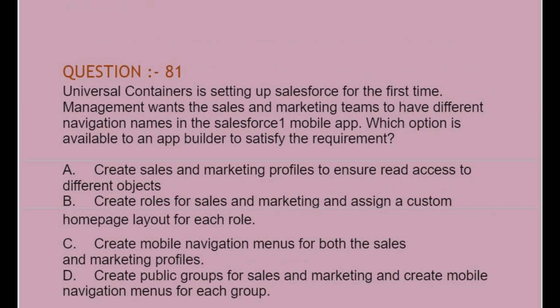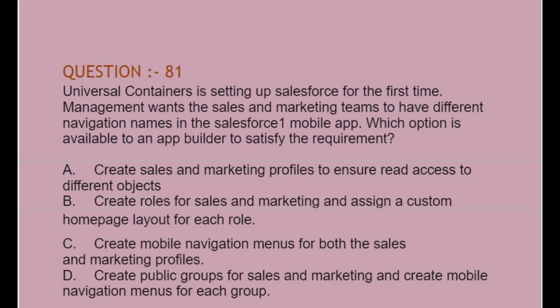Question is, Universal Containers is setting up Salesforce for the first time. Management wants the sales and marketing teams to have different navigation names in the Salesforce1 mobile app. Which option is available to an app builder to satisfy the requirement? Option A, create sales and marketing profiles to ensure read access to different objects.